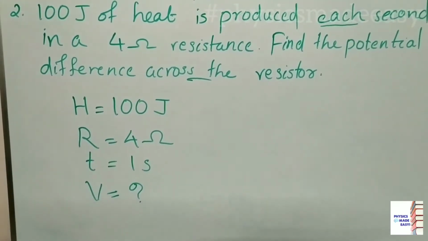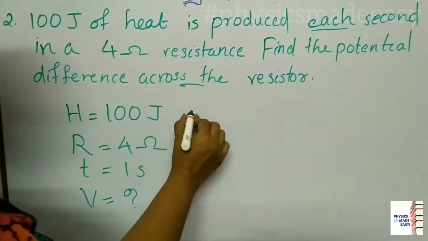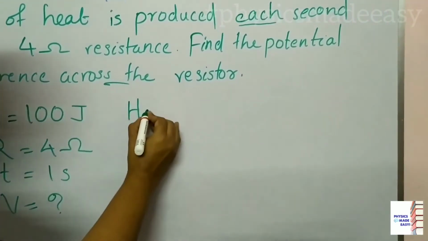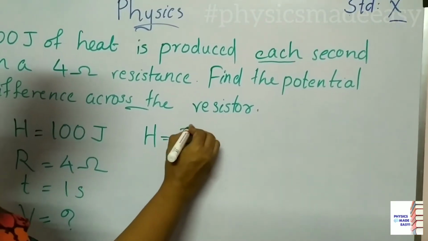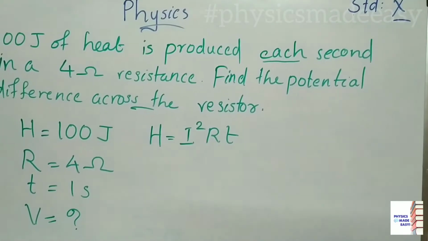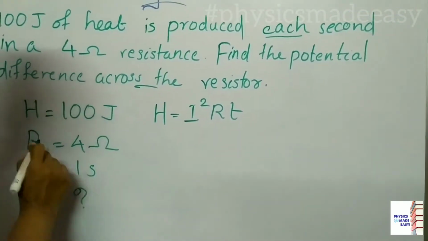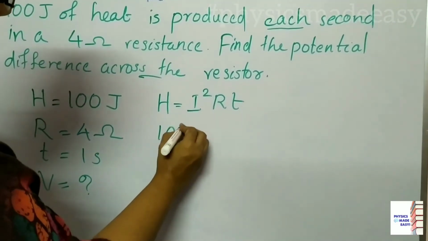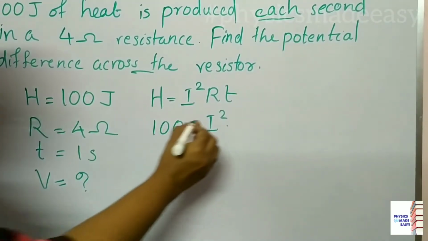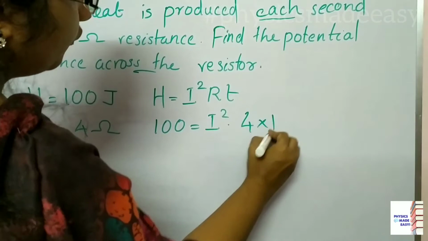How to find? First we can find the current. There we can use which equation? Joule's law we learned. There we learned this equation, H is equal to I square R T. From this you have to find the current. Here H is equal to 100 is equal to I square into 4 into 1.